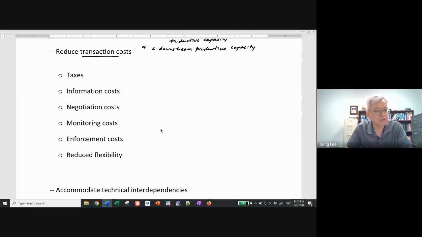Transaction cost is the expenses incurred when buying or selling a good through market transactions.